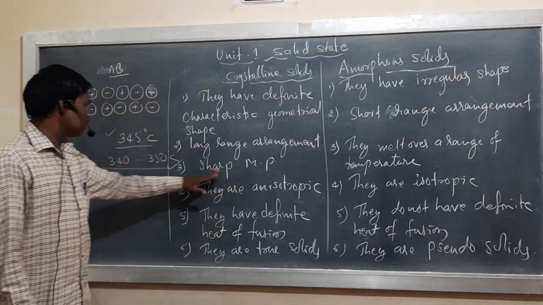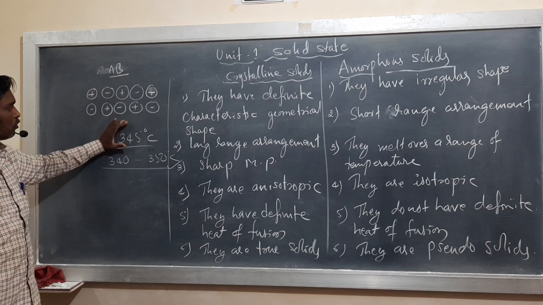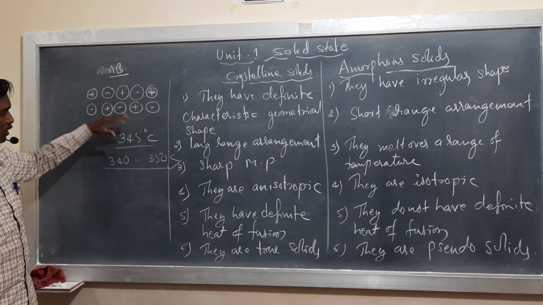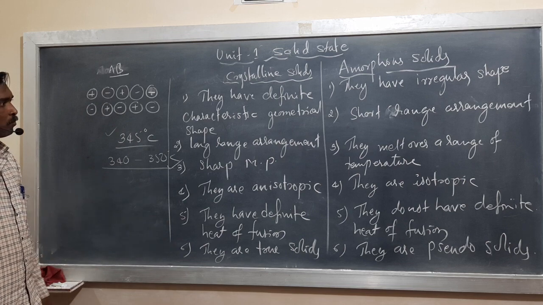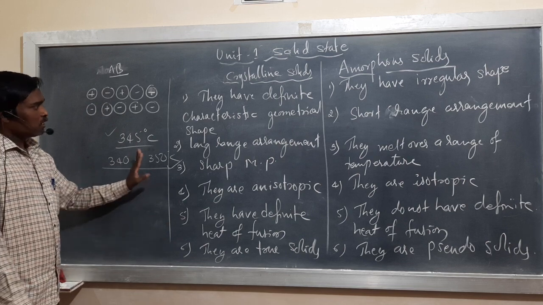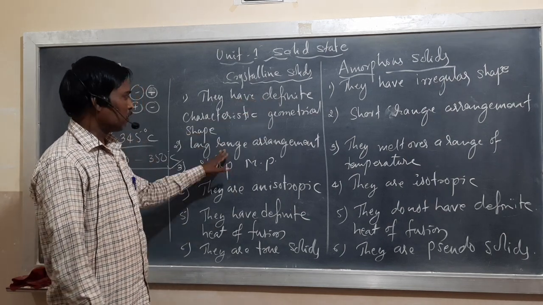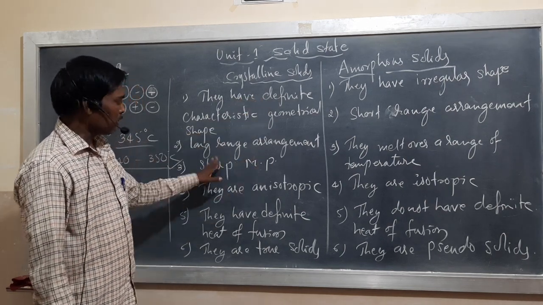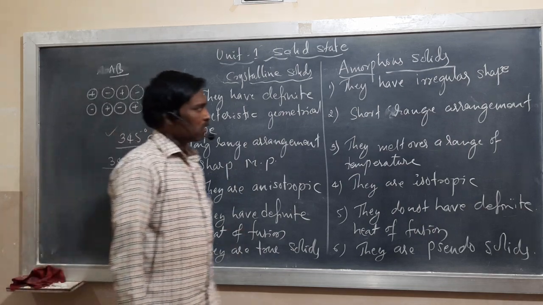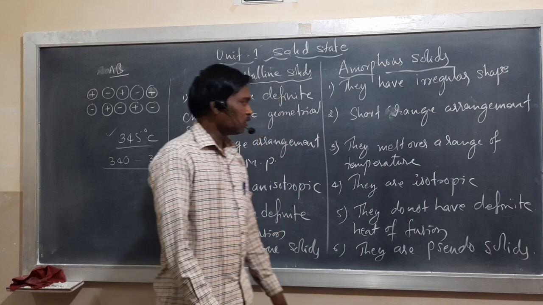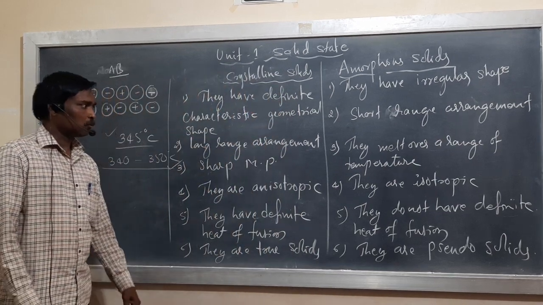Crystalline solids convert to liquid exactly at 345. The reason is that crystalline solids have a definite geometrical shape and long range arrangement, which is why they have a sharp melting point. Amorphous solids have irregular shape and short range arrangements, so they melt over a range of temperature.